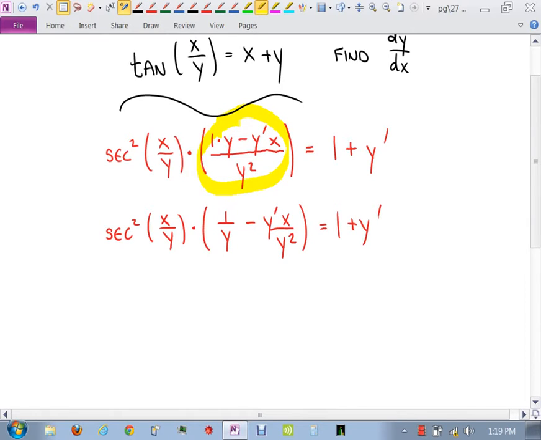I had y over y squared, which became 1 over y, and then y prime x over y squared, which is the other side. The reason is that I'm trying to get y prime by itself, getting my y primes together on one side of the equation. Before I can do that, I must distribute this whole thing through the parentheses. So I split what was in the parentheses into two terms so I could distribute it. Does that make sense?